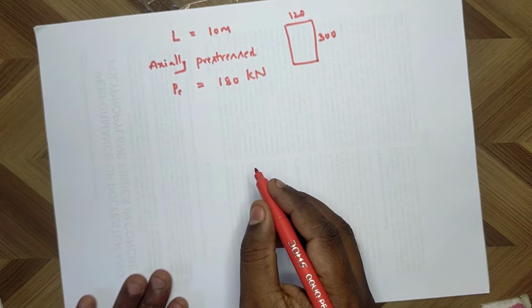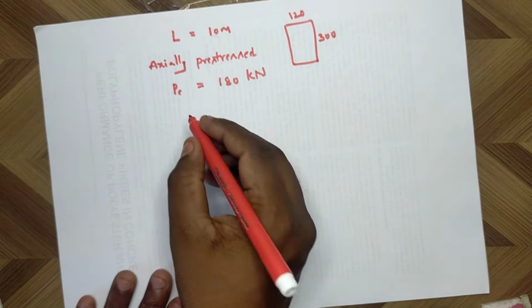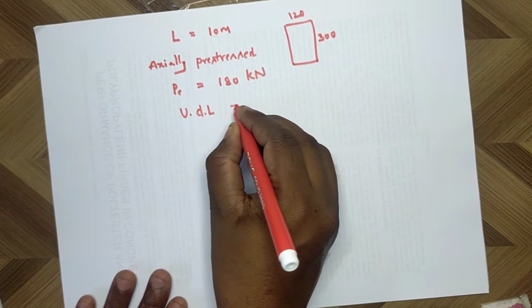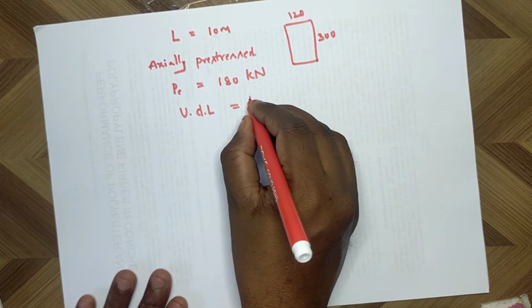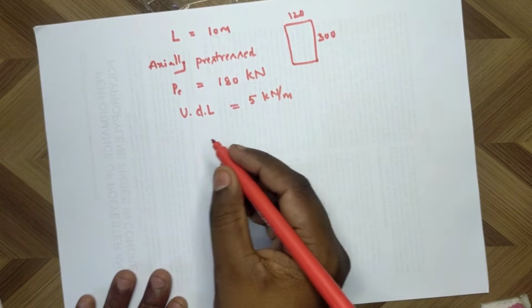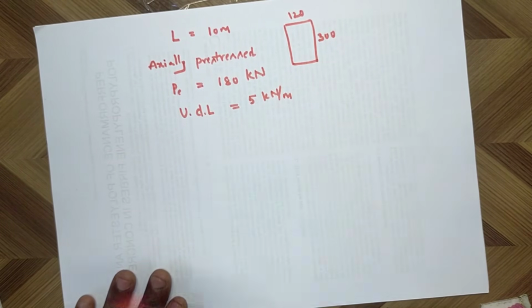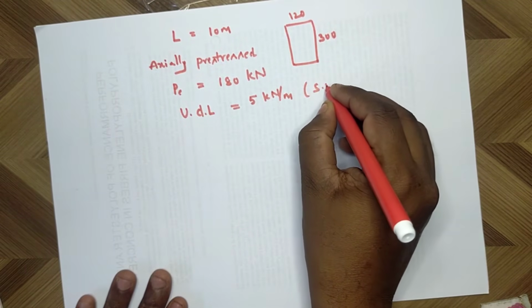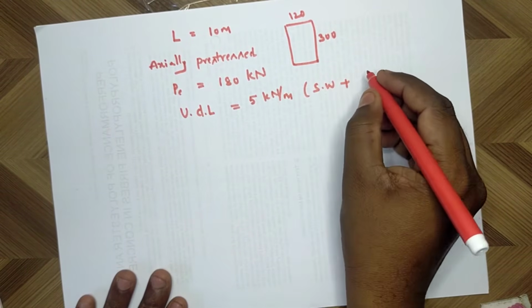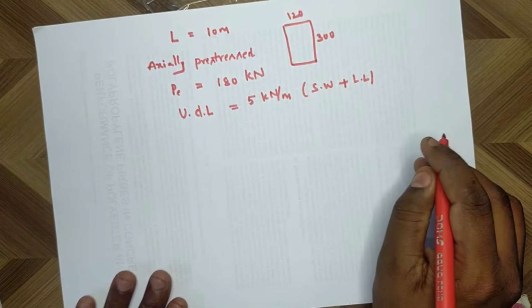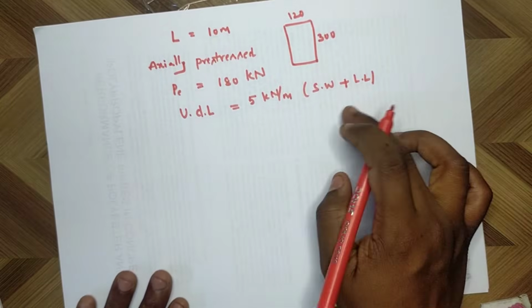The beam supports a total UDL of 5 kilonewton per meter, which includes self weight plus live load both. It is a combination of dead load plus live load.